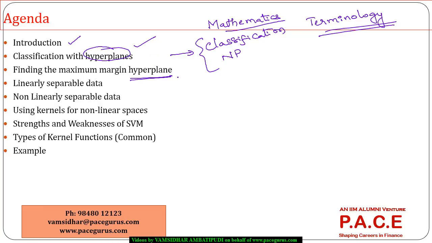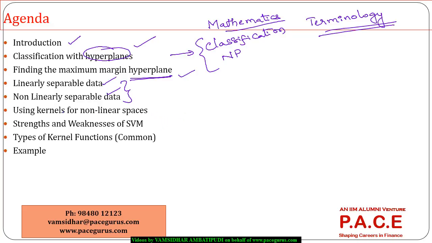How do I identify what a hyperplane is, and how do I identify the maximum margin hyperplane for data which is linearly separable, or in the case of non-linearly separable data? How do I differentiate in terms of finding the hyperplane?